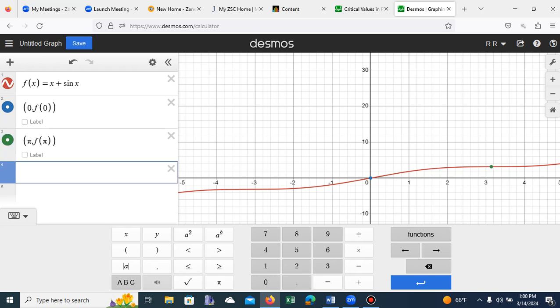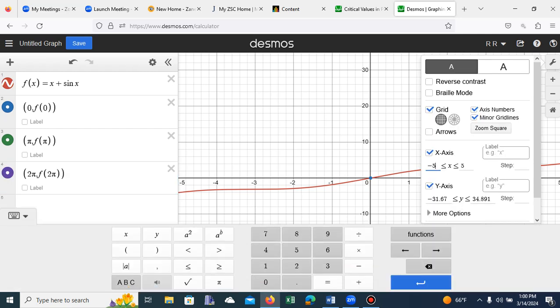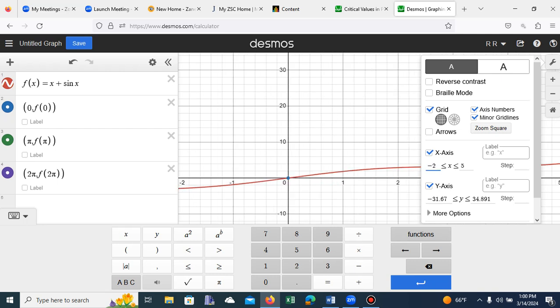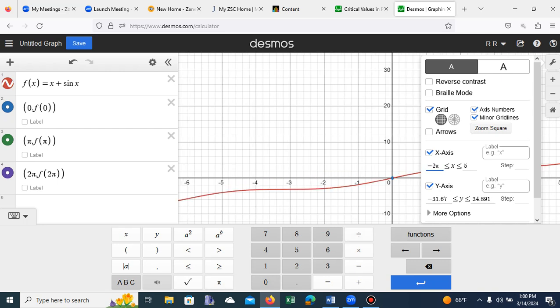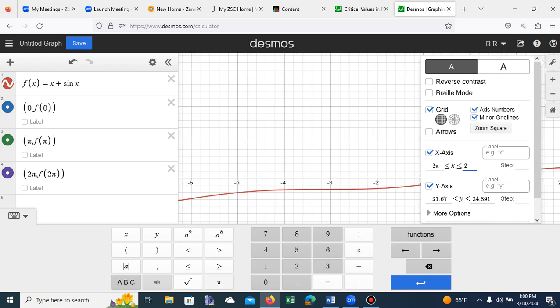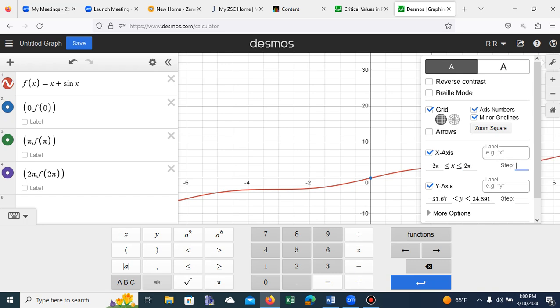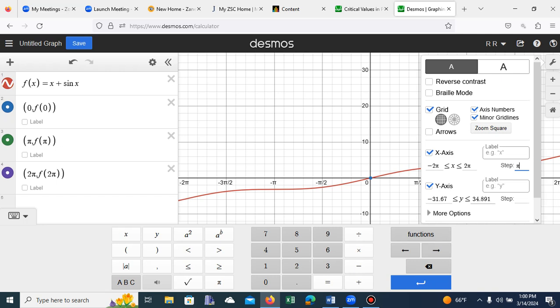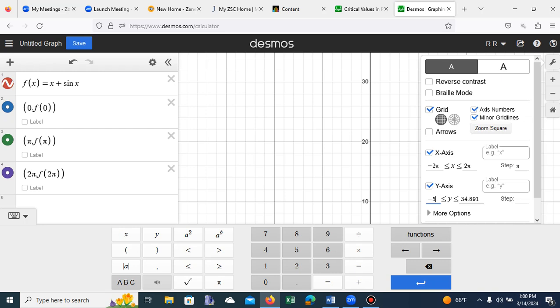And we'll do 2 pi, f of 2 pi. And I'm going to change this from negative 2 pi to pi with a step value of pi. And then here I just go from negative 5 to 5.